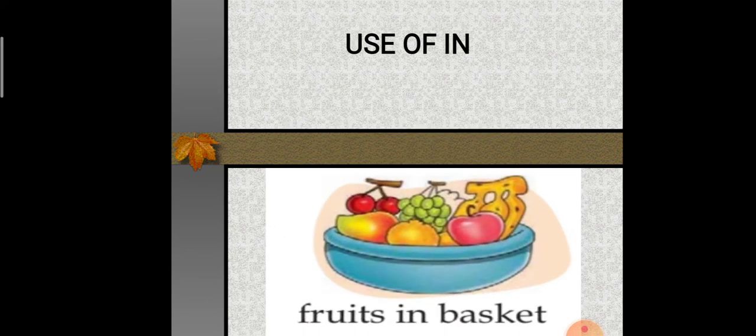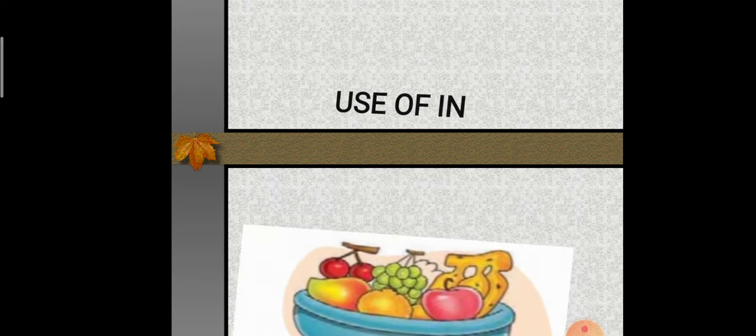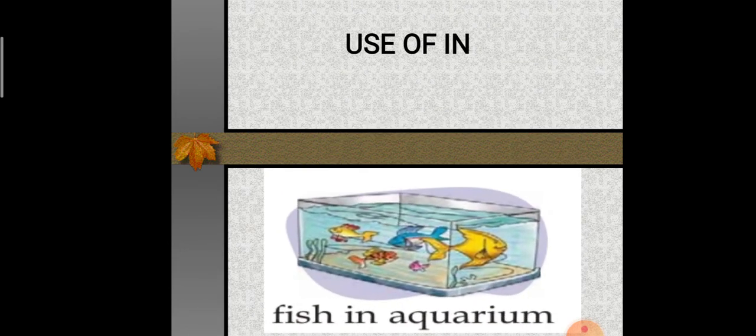Fruits in basket. I hope you all like fruits. And where we keep it? We keep all the fruits in the basket. Fish in aquarium. If we have an aquarium at home, we keep fish in it. So, fish in aquarium.